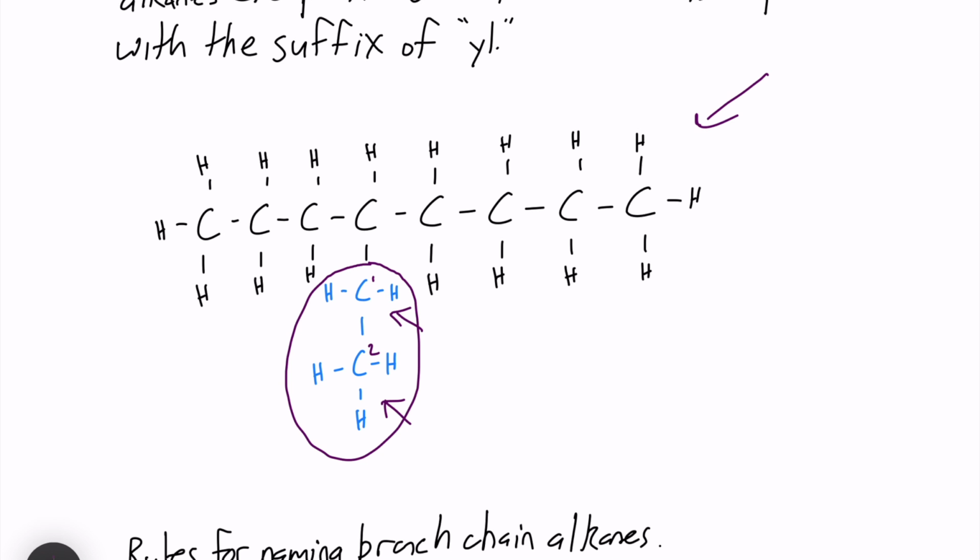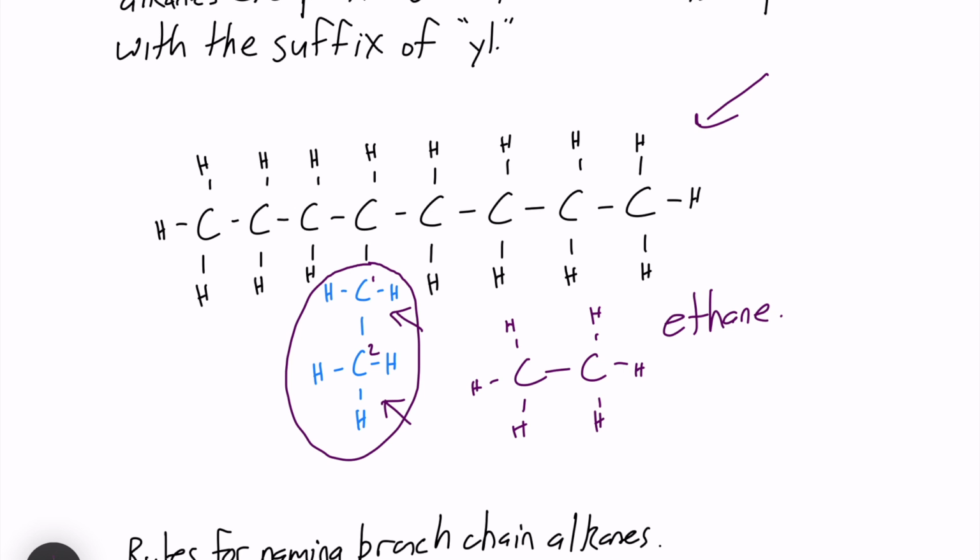If you think about naming straight chain alkanes, you'll remember that if we have something that looks like this, a carbon-carbon single bond with each carbon attached to 3 hydrogens, this is called ethane.